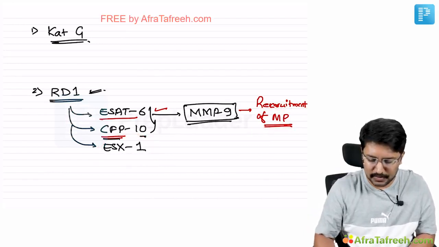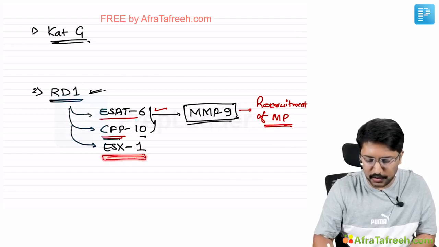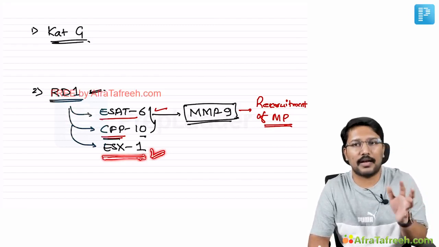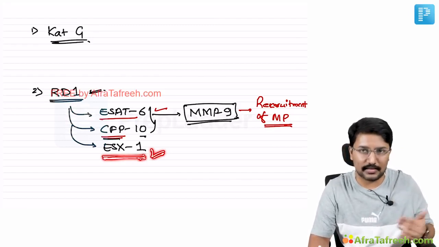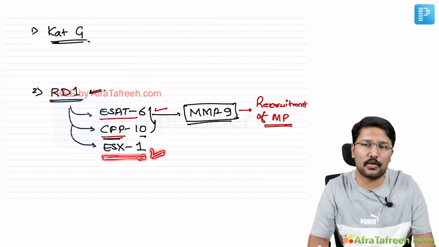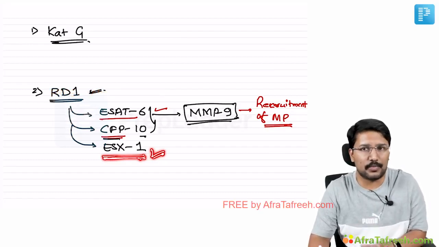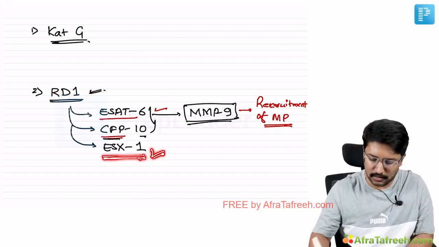Okay, now the absence of ESX1 is particularly important because in the absence of it, the bacteria will find it difficult to cause infection, less aggressive infection, less tuberculoma formation, less granuloma formation, right? If you remember, we use this vaccine called BCG for prevention of TB.